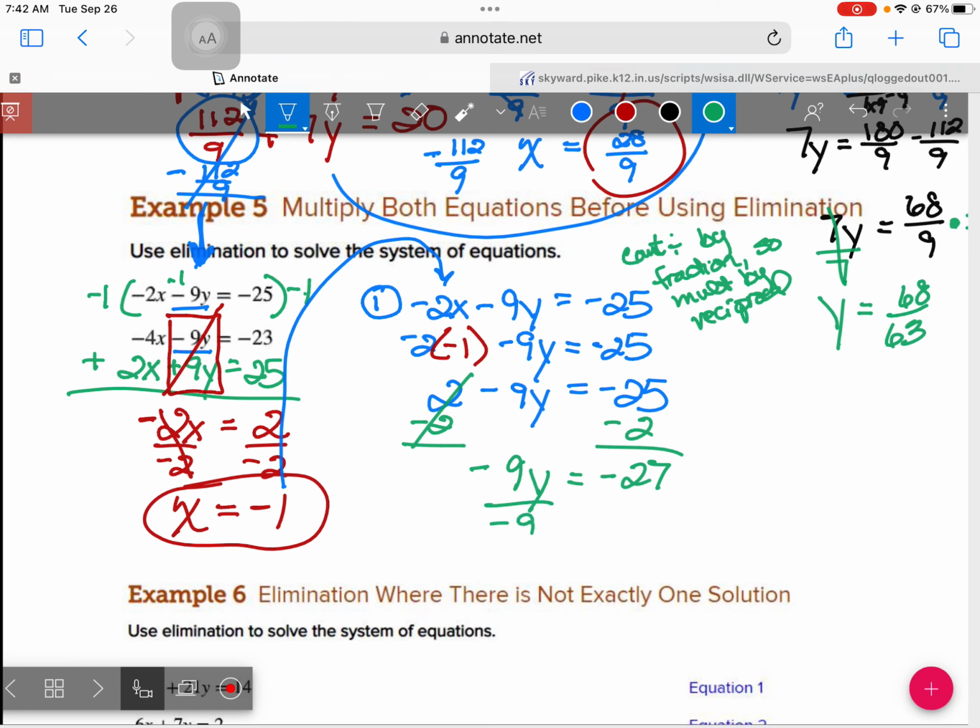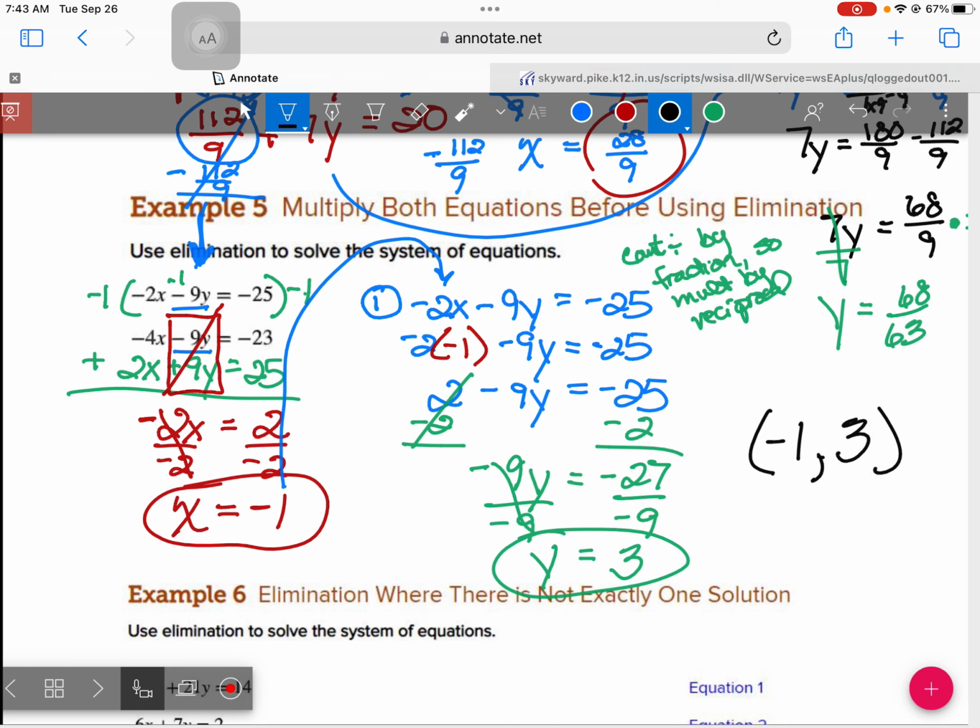Divide by negative 9, divide by negative 9. Y is equal to positive 3. So my solution, my ordered pair, is going to be negative 1, comma 3.